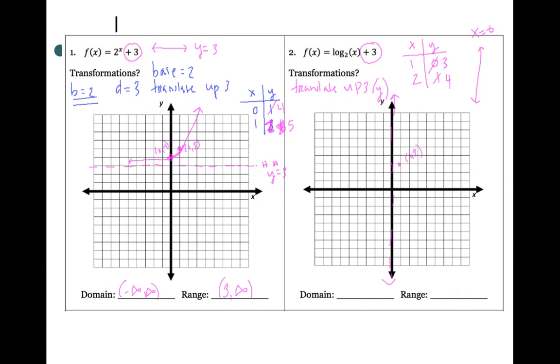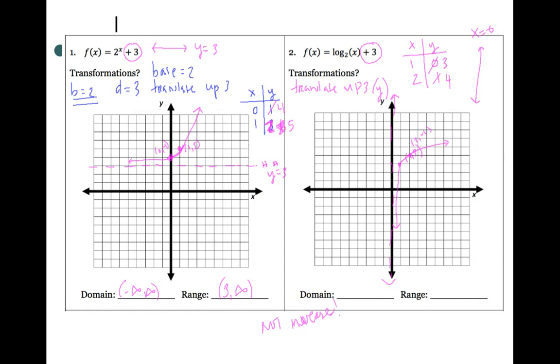And then 1, 2. Oh, I kind of wrote where I wanted it. 2, 4. And then it's going to go swoosh. Right? So I think it's good to recognize that these are not inverses.